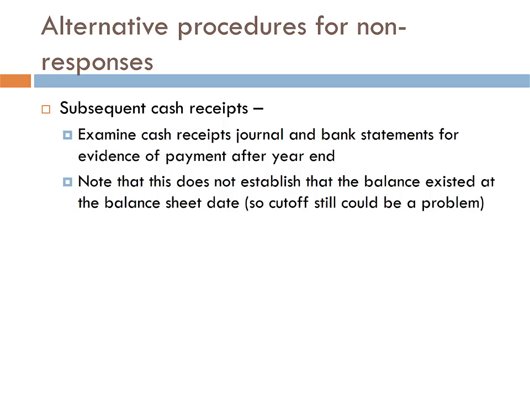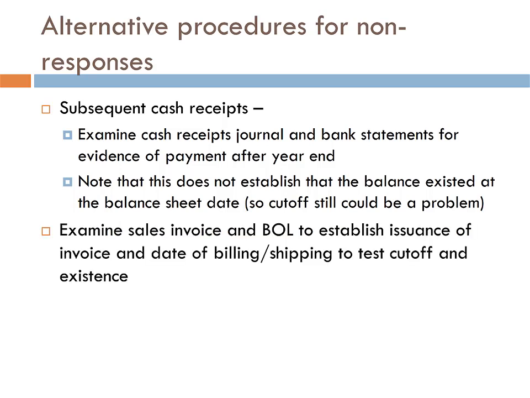Cutoff could still be a problem, but we could, again, solve the cutoff issue by looking at when the bill of lading went out and when the invoice went out, and we can confirm timing of a transaction, not cutoff of the balance, right? So there are subsequent or alternative procedures that we can perform when we don't get responses back.